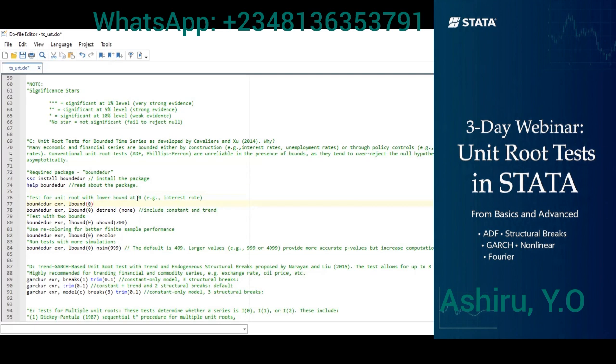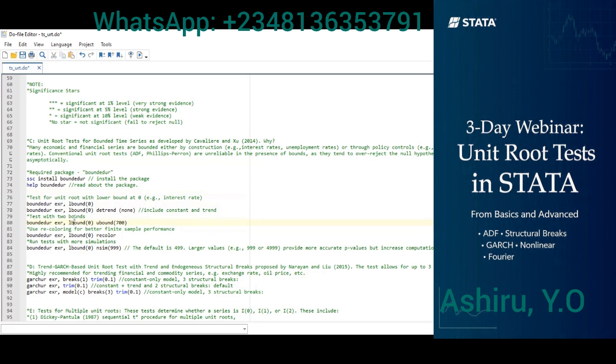There has been an argument that if we use ADF, PP, or ZA tests, they tend to be biased because they don't recognize the fact that these variables are bounded. So this test was developed to cater for that.